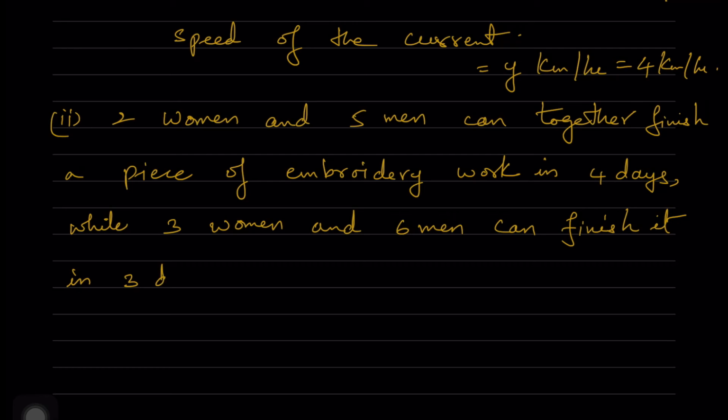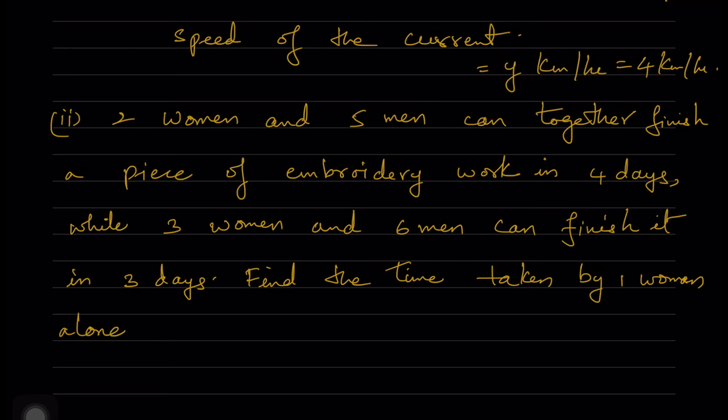Find the time taken by one woman alone to finish the work and also that taken by one man alone. So we have to see how much work one man and one woman can finish.